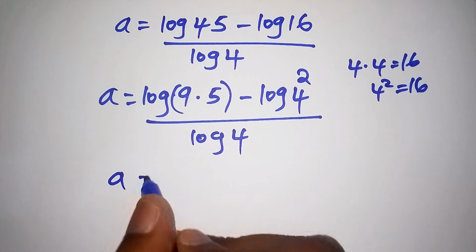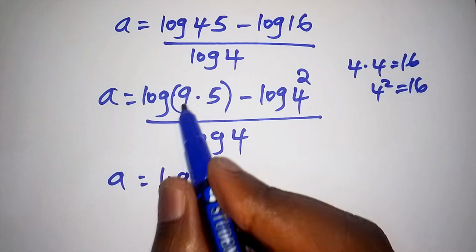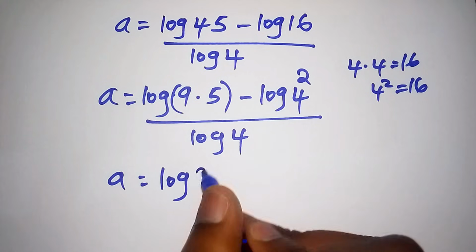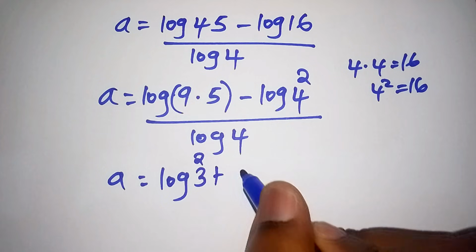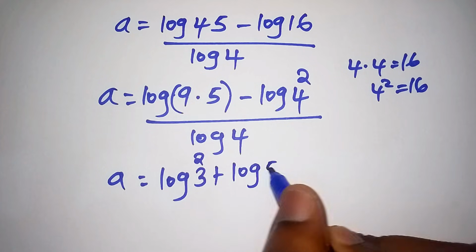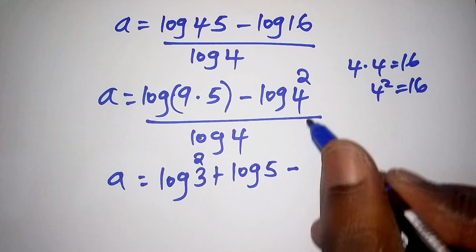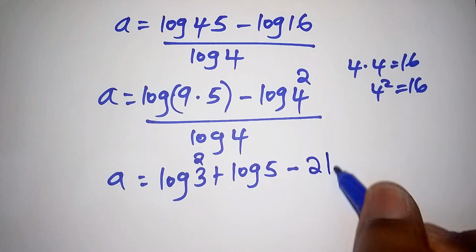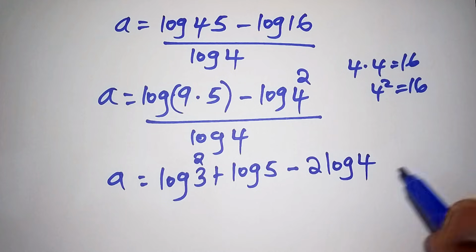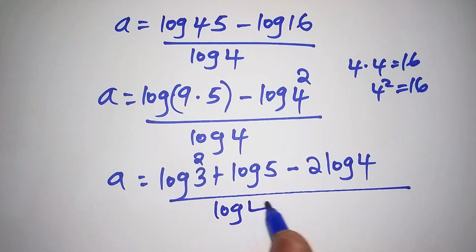So now a is equal to the log of 9, which can be written as the log of 3 to the power of 2, plus the log of 5, then minus the log of 4 to the power of 2, which can be written as 2 the log of 4. Then all of this is over the log of 4.